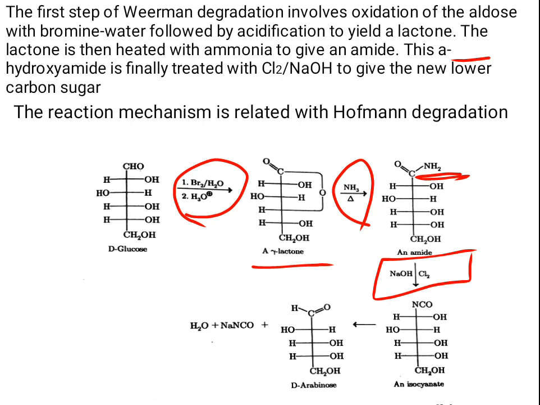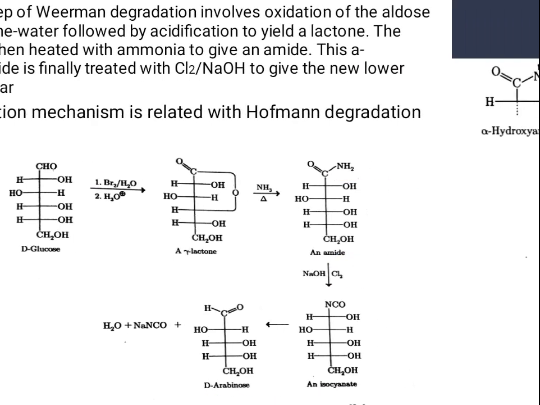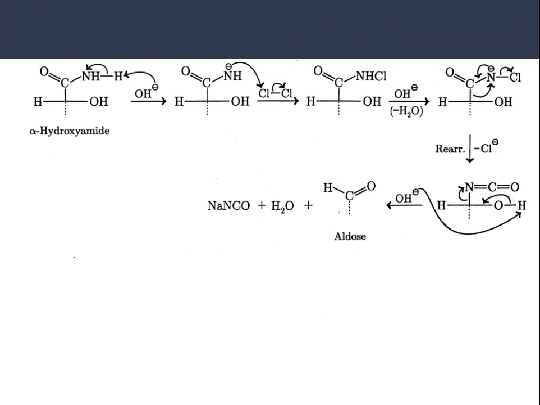Then you will get an isocyanate which will form D-arabinose, that means which has one carbon less than this one. Okay, this is the reaction mechanism of alpha hydroxyamide.